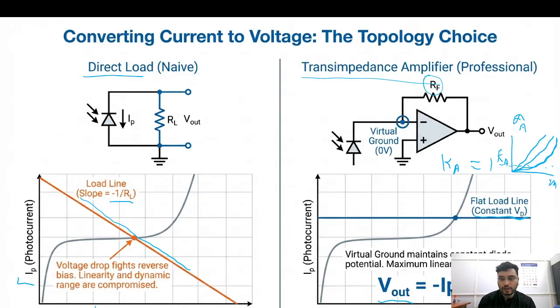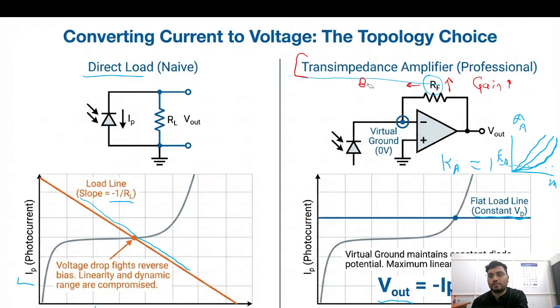And to improve the gain in TIA, what do you need to do? If you want to improve the gain in TIA, you need to increase the RF, and it will increase the gain. But it will decrease the bandwidth.